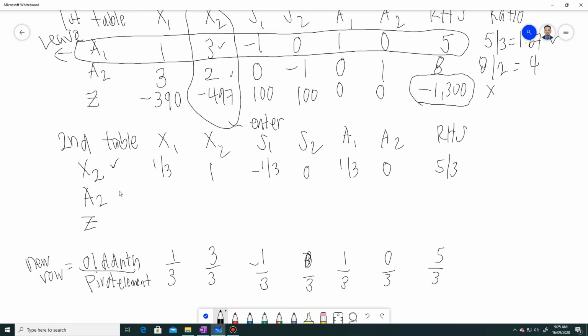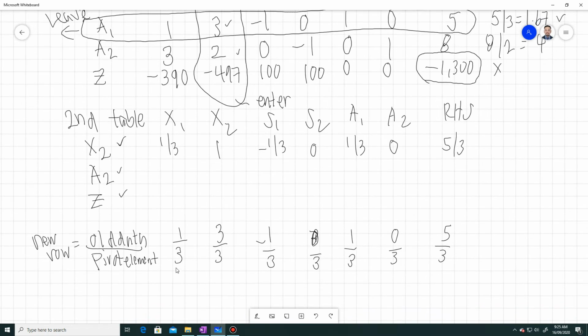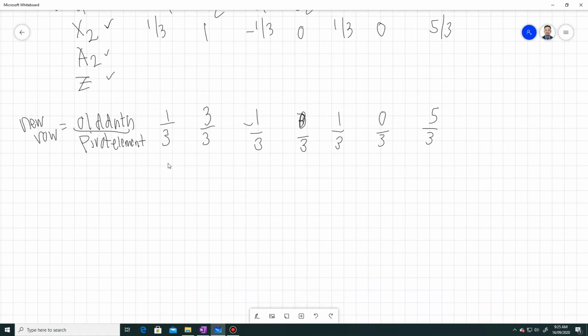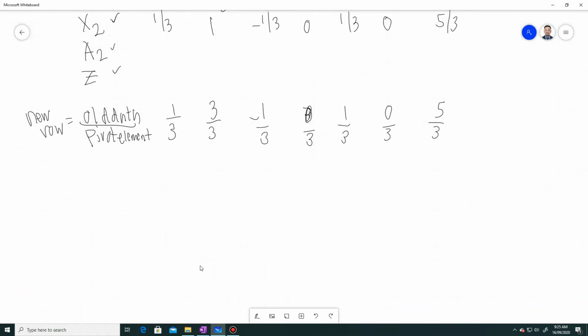So the next step is to develop the other row values. For a sub 2 and z, we have this formula.